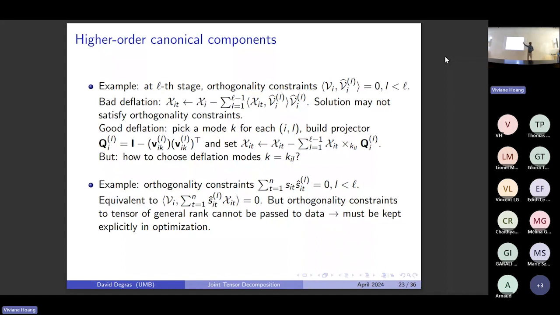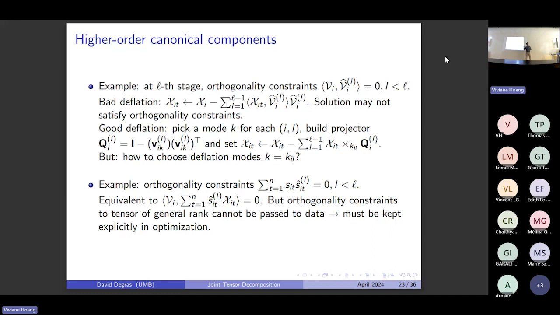That's a bad idea. That's not the right way to do it. And the philosophical reason is that you're doing some kind of projection of a rank 1 solution, this V_l here, on a subspace, but the projection of a rank 1 tensor in a subspace is typically not rank 1.